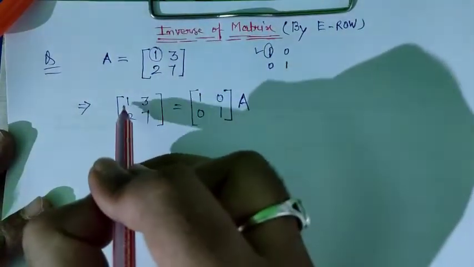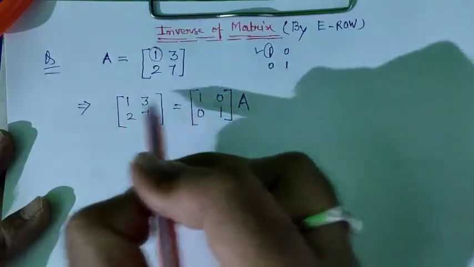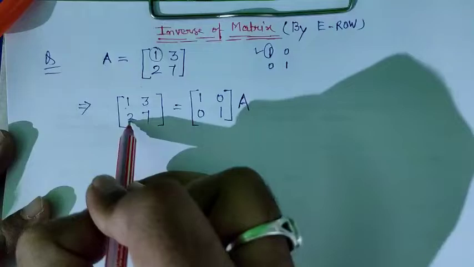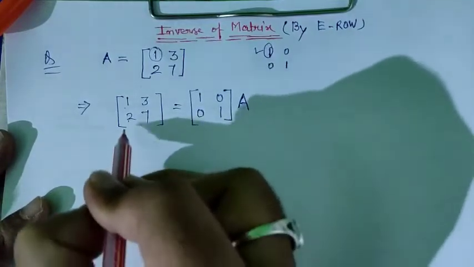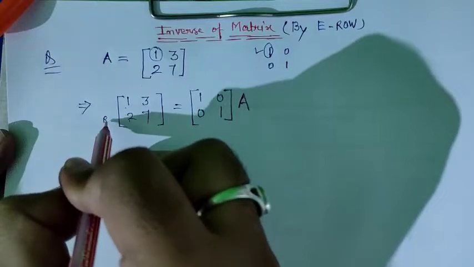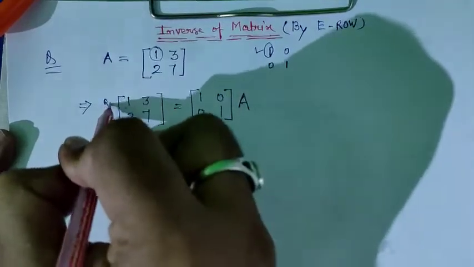So the first term is already 1, so no need to change. Now this 2 we will try to make 0. How can we do this? By elementary row operations, we can say this is R2, this is R1.